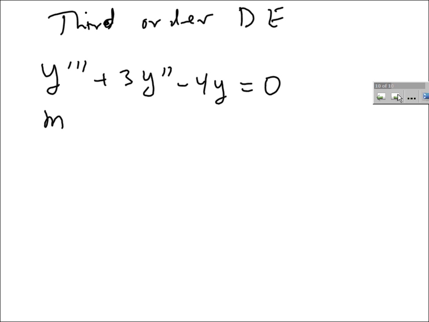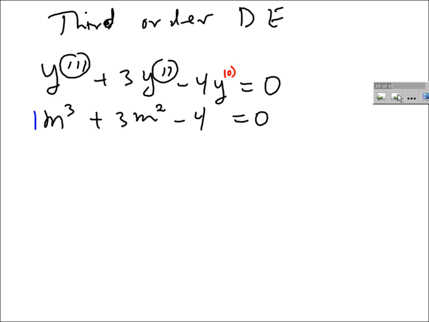So it's going to be m, the third derivative, plus 3m, the second derivative, so I put 2. Just be mature enough to realize that's the zeroth derivative. It's minus 4 times m to the 0, which is just minus 4. This is 0. Now, how you should start these problems is you should look at the coefficients. You have 1, 3, and negative 4.